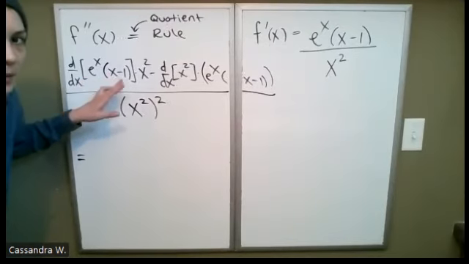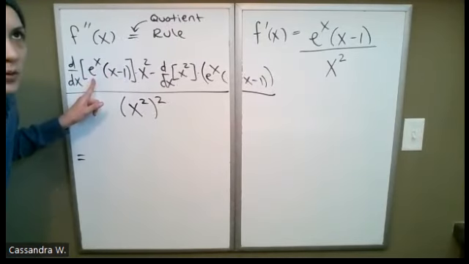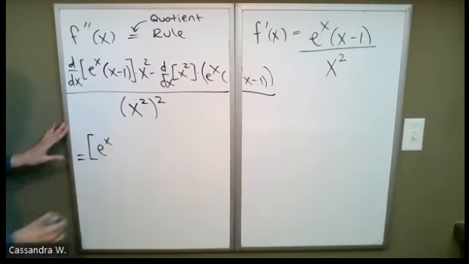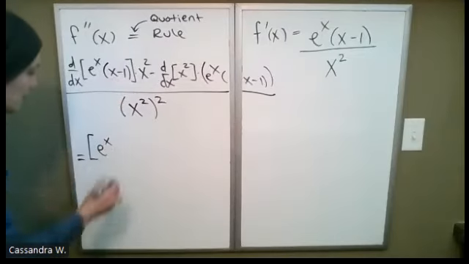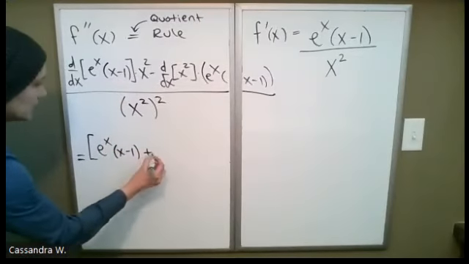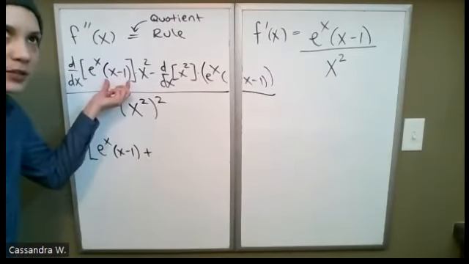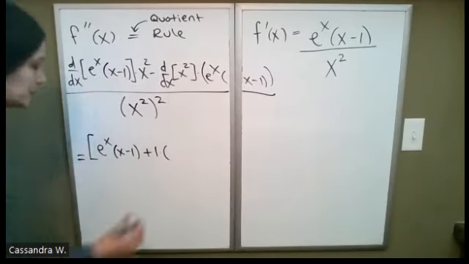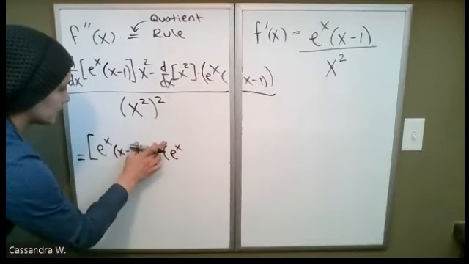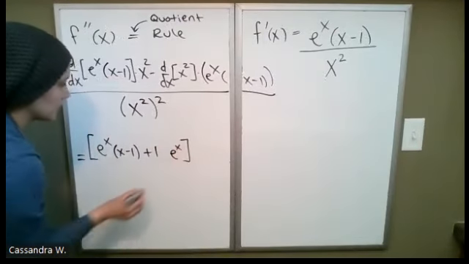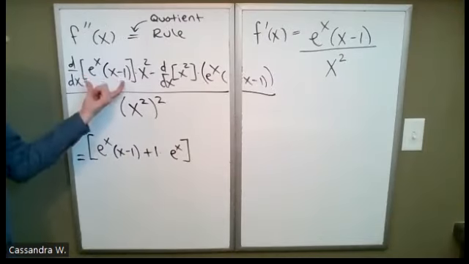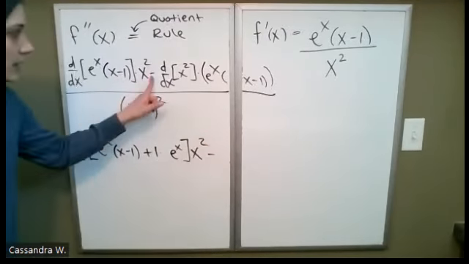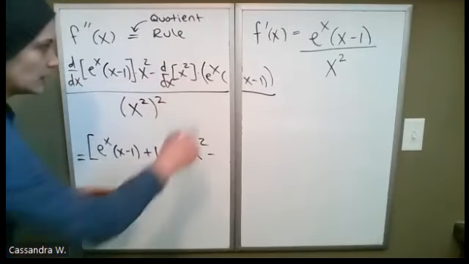So f prime g plus g prime f: the derivative of e to the x is e to the x times x minus 1, plus the derivative of x minus 1, which is 1, times e to the x. And there's a multiply by x squared outside there, and a subtract 2x times all this.